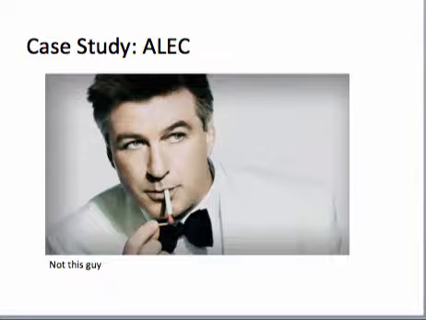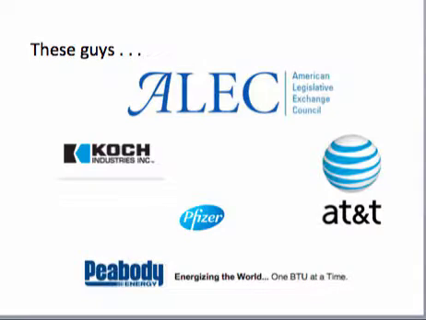One example of very effective lobbying is this group called ALEC. ALEC is the American Legislative Exchange Council, made up of very large corporations: Peabody, Pfizer, the Koch brothers, AT&T.